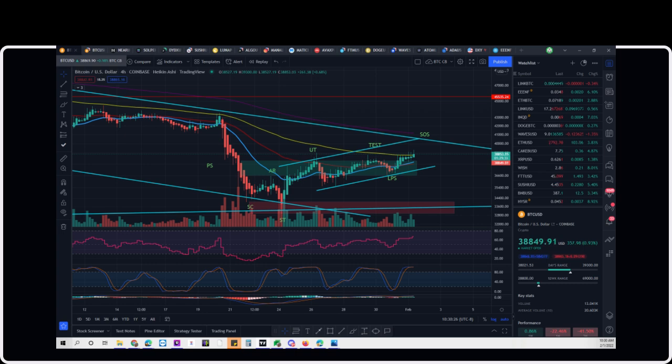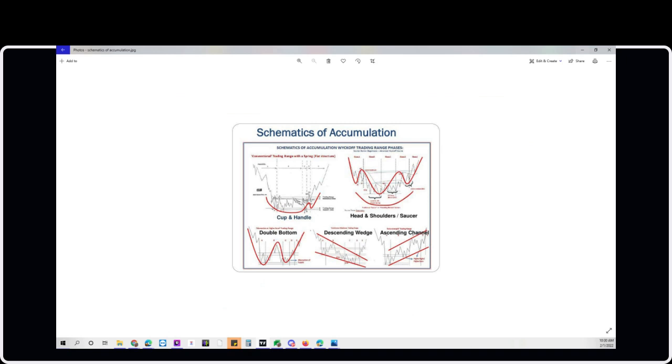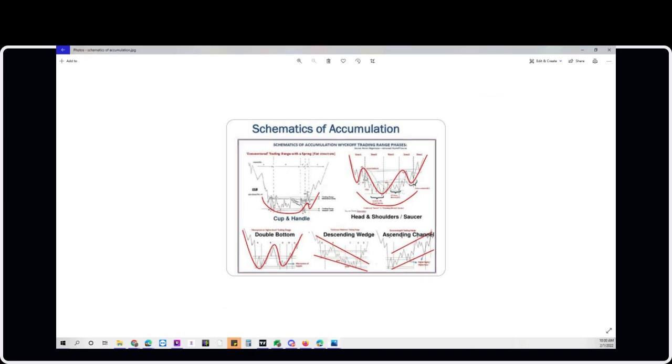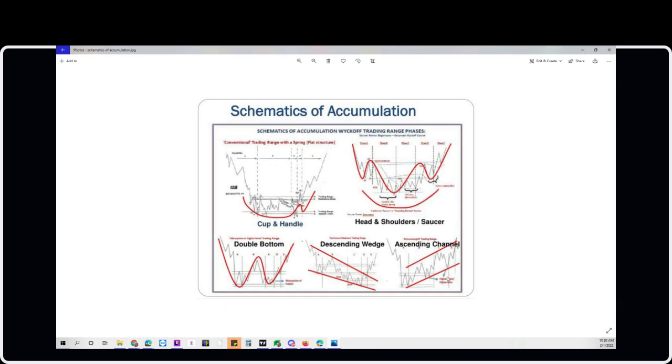So if you take a look at the accumulation schematics, you can see that we are somewhat in an ascending channel, and usually ascending channels retest old resistance as support.